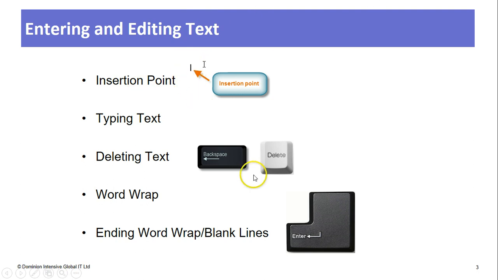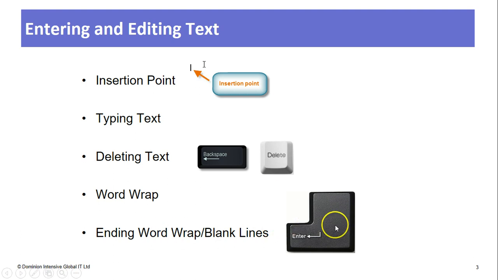All right. So I want to look at these two keys as well, backspace and the delete keys. We're going to be using these two keys to delete text. The backspace key would delete to the left, while the delete key would delete to the right. Then this last one, enter key, is what we're going to be using to end word wrap.